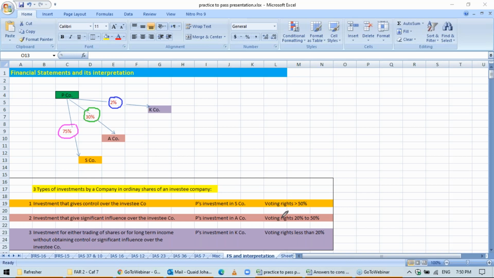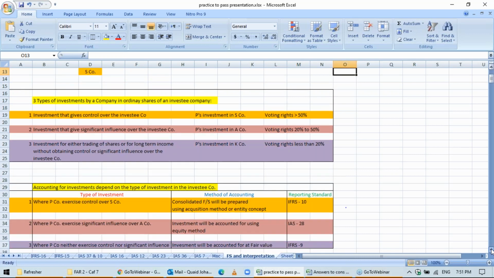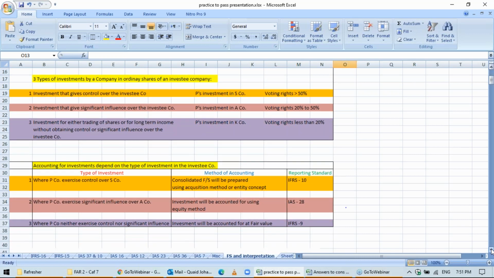The accounting for this has been described below in some colorful diagrams, so you can read those diagrams to get a summary of the concepts. Please go through these diagrams for 2 minutes, and then I will start doing some questions related to consolidation.